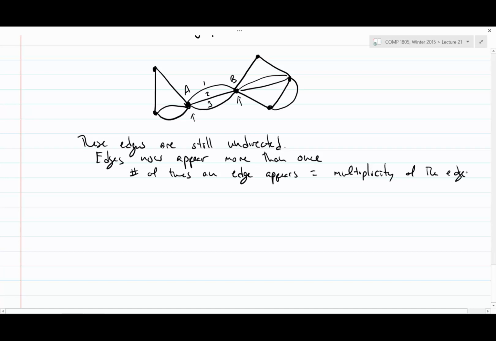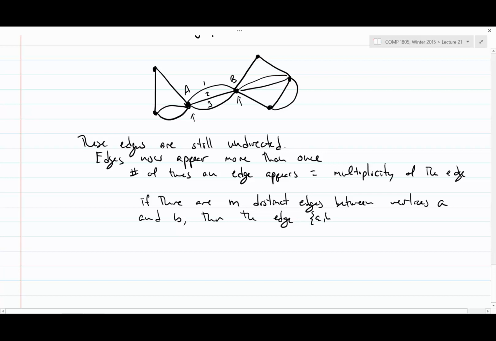So if there are m distinct edges between vertices A and B, then the edge AB has multiplicity m.